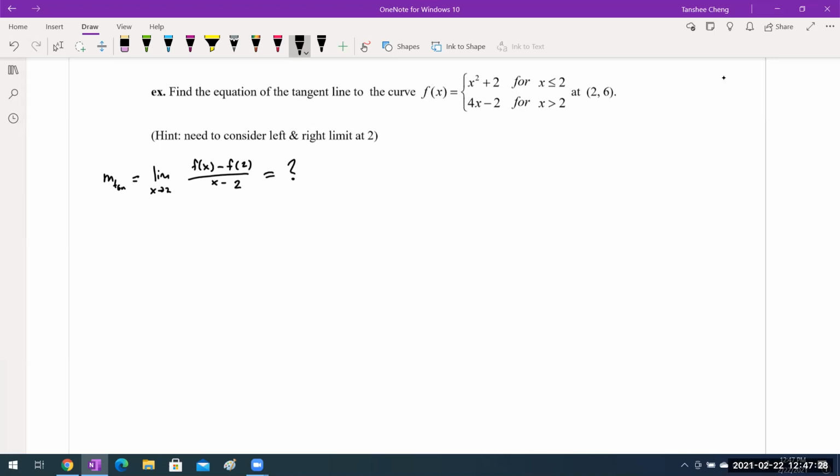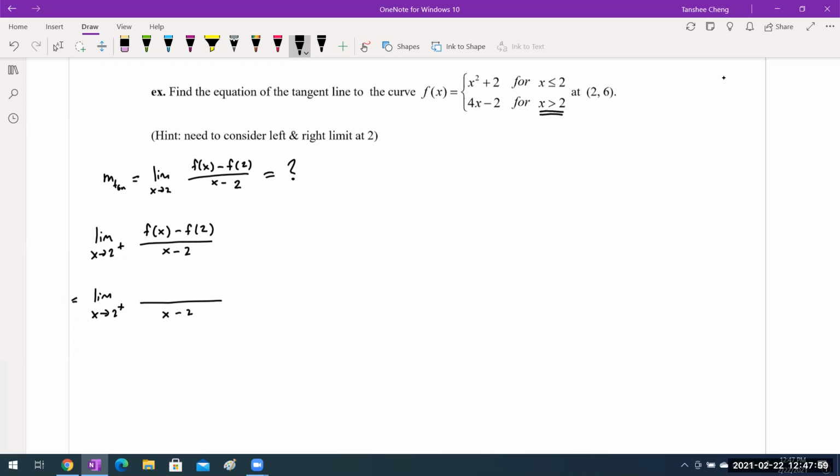So therefore, starting with the limit as x approaches 2 from the right-hand side, let's work on that. And that will become f of x minus f of 2 over x minus 2, which is the limit as x approaches 2 from the right-hand side. Now, from the right-hand side, the function f of x we are using is what?